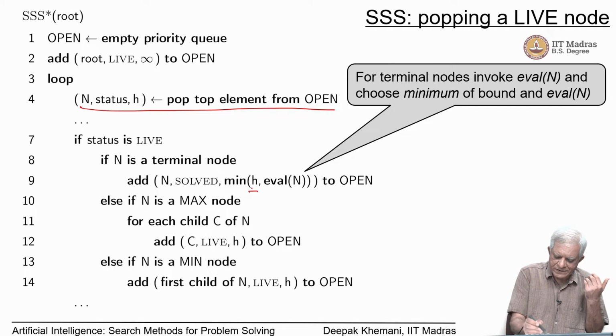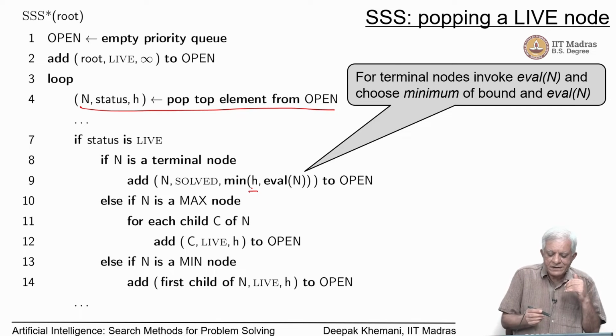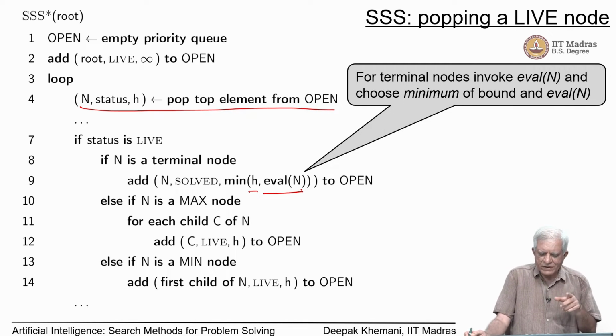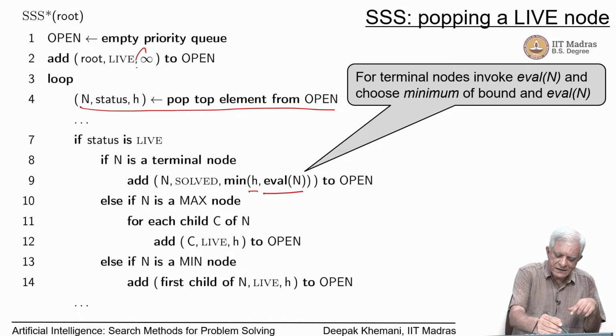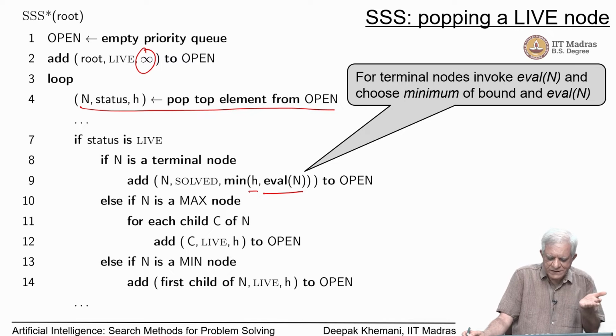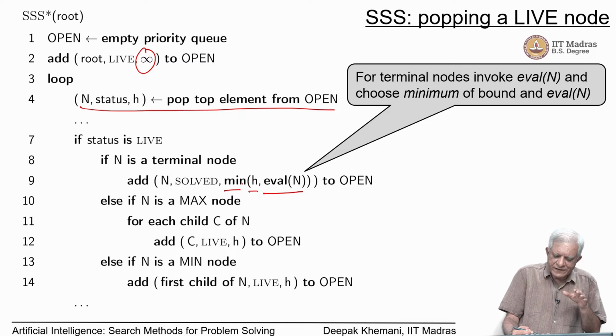What is the bound? The bound is h, that is coming from the top, and eval n is the value that we get from the evaluation function. Remember that this bound h was infinity to start with essentially. So, obviously, if a leaf node has a value lower than infinity, then that should be its value, and that is what we are doing by saying that choose the minimum of these two values. That is when you reach the terminal nodes essentially, you reach the horizon.